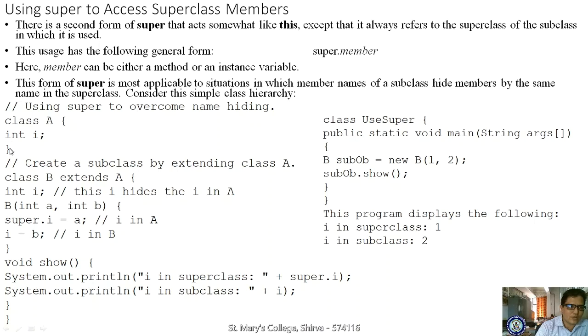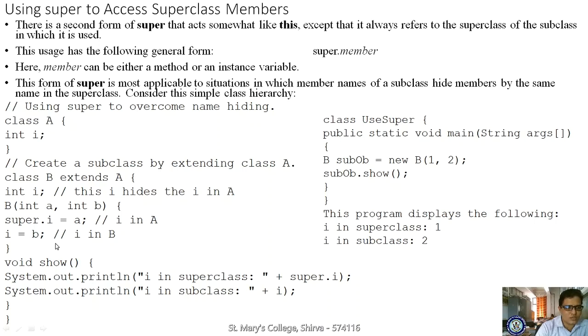Class A, I am having one variable i. Okay, class B extends A. Then what does it mean? Class B is inheriting the concept of A. Now int i is there. Okay, this i hides the i in A. Please observe here. Here also i, here also i. Now I am defining int a, int b, defining the constructor B(int a, int b).